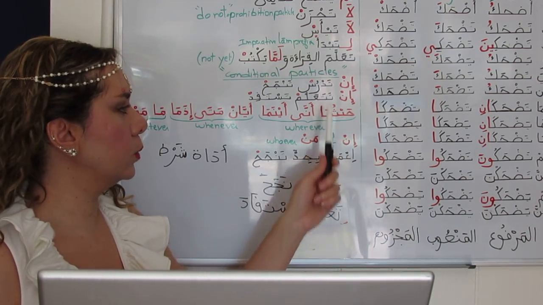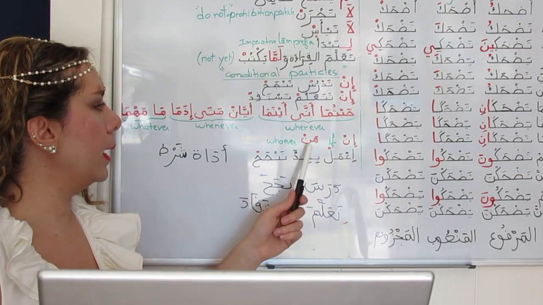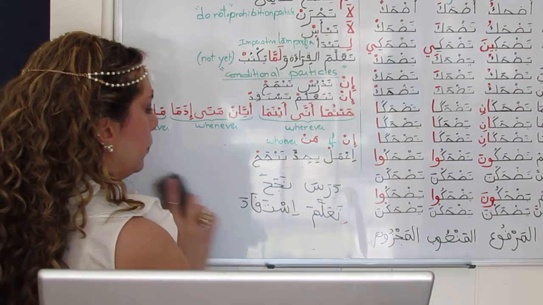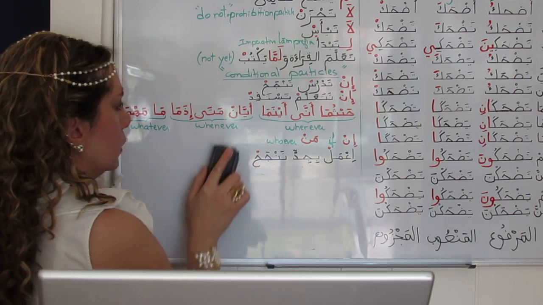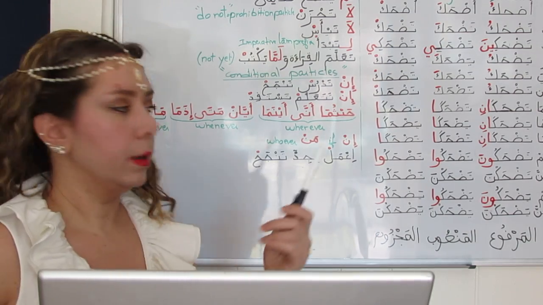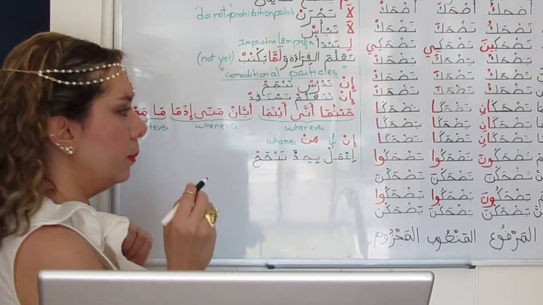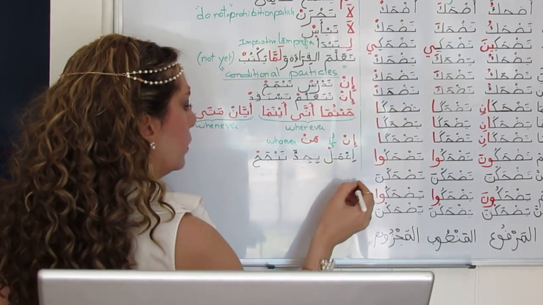In we already know that it's if, and من whoever. Let's have some examples with أينما. أينما يذهب صاحب العلم يكرم.